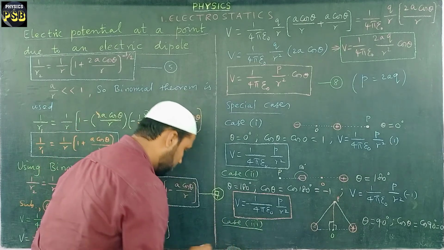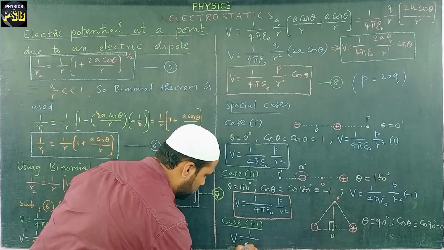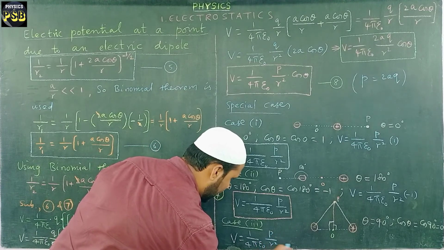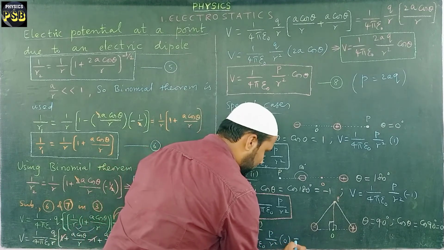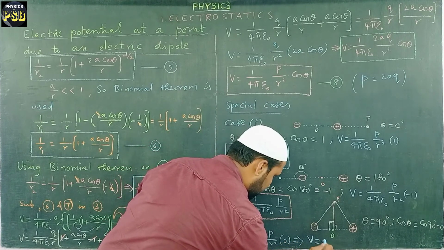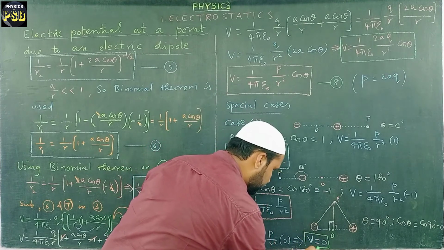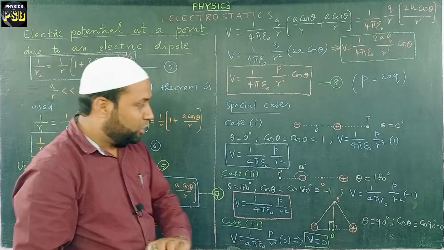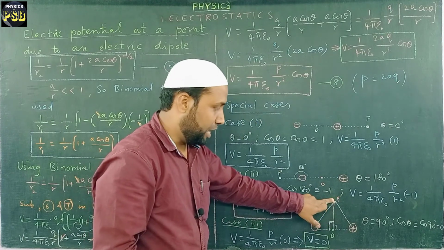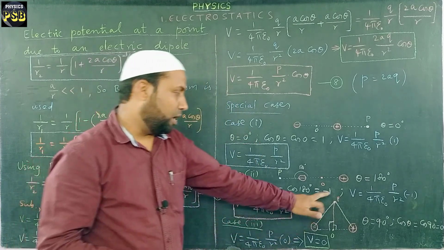So V equals 1 upon 4 pi epsilon naught, p upon r square, multiplied with 0. So V becomes 0 here. This clearly shows that if you take a point P along the equatorial line, then the electric potential due to the electric dipole will be 0 at that particular point.